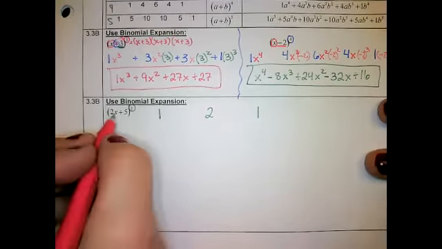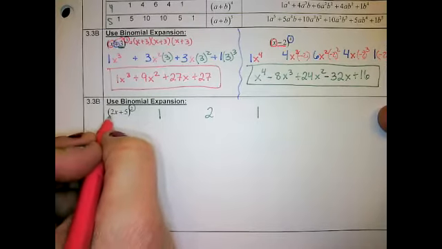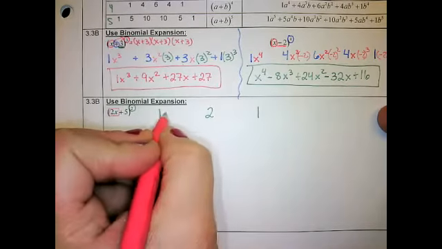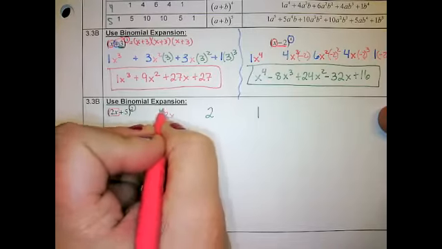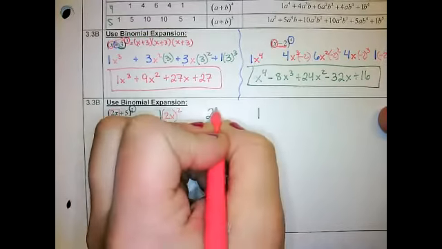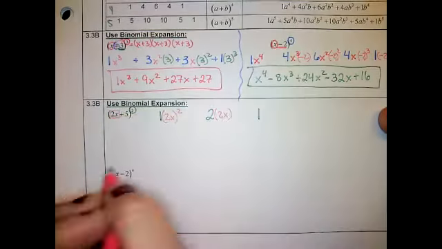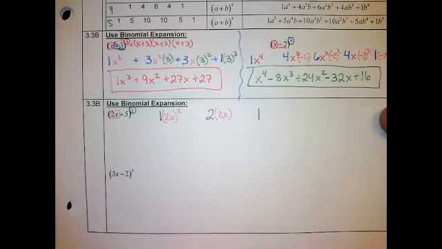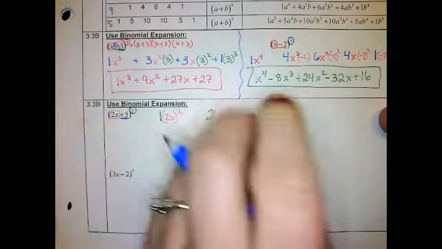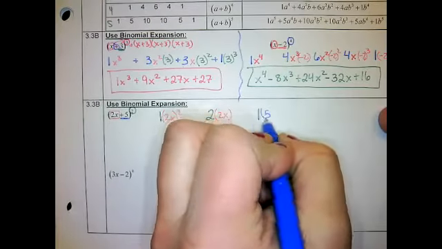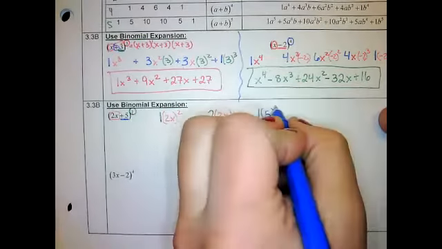I always start now with my first term on the left to this power. So that's going to be 2x squared. And then that's going to be 2x, and then no 2x. Then I'm going to start with my b term on the right to this power.